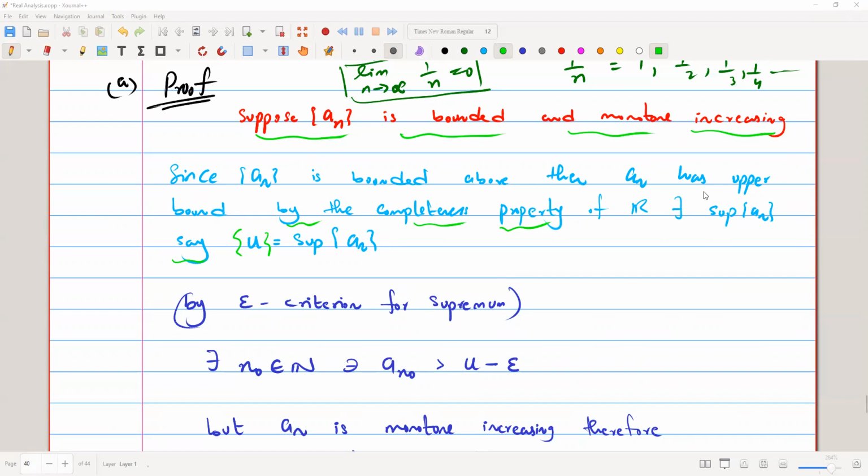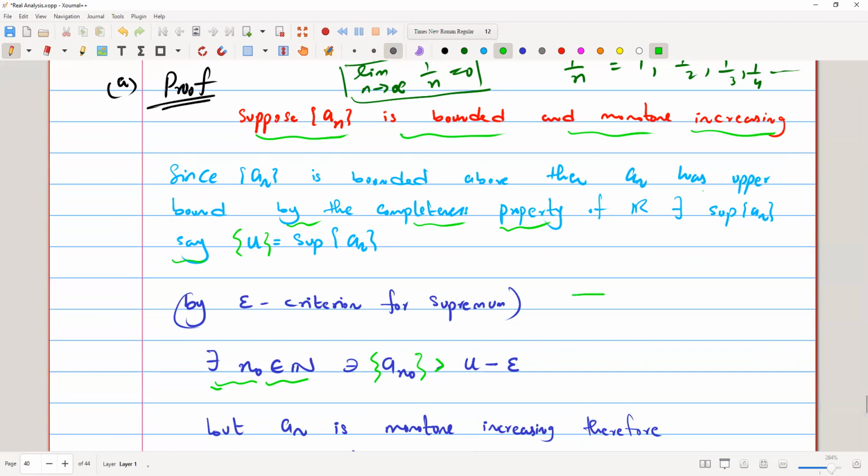Now, by the epsilon criterion for supremum, there exists n_0 belonging to N such that this term a_{n_0} of the sequence will be greater than U minus epsilon. So by the epsilon criterion, what does it mean?